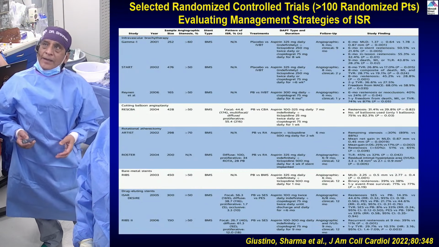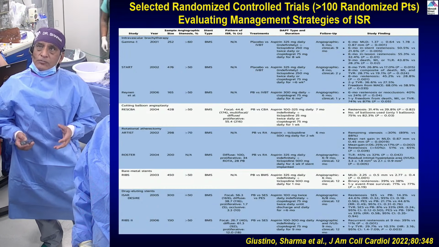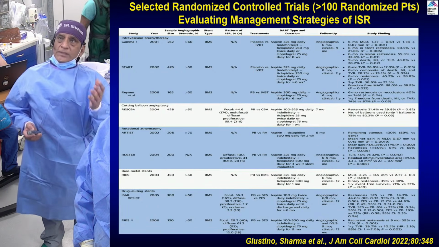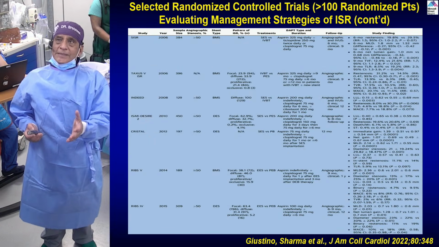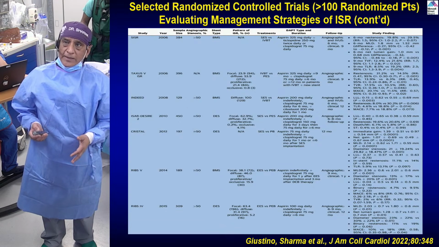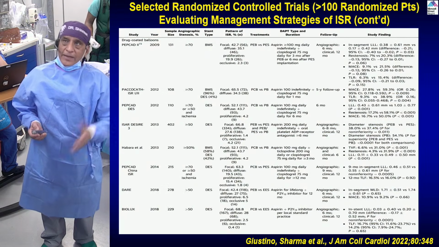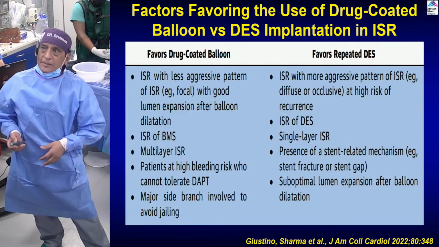Now, what are the randomized control trials for management of ISR? We actually have many of them: originally with brachytherapy, then cutting balloon, then the bare metal stent era, then the drug-eluting stent, all shown there, RIBS 5, RIBS 6, and then the drug-coated balloon trials. All of them we have put into this manuscript.